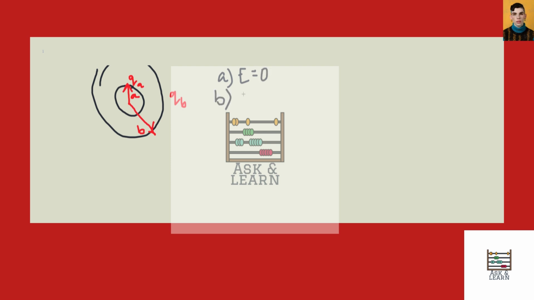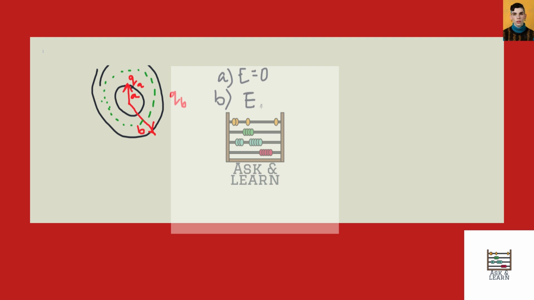For B, it's between these two, and you would draw your Gaussian surface like this. Of course, it would be a sphere. Gauss's law says that the flux, which is the integral of E dot dA, is Q enclosed over epsilon naught.